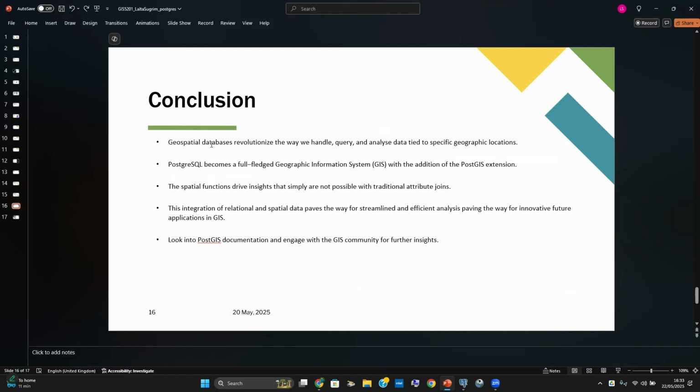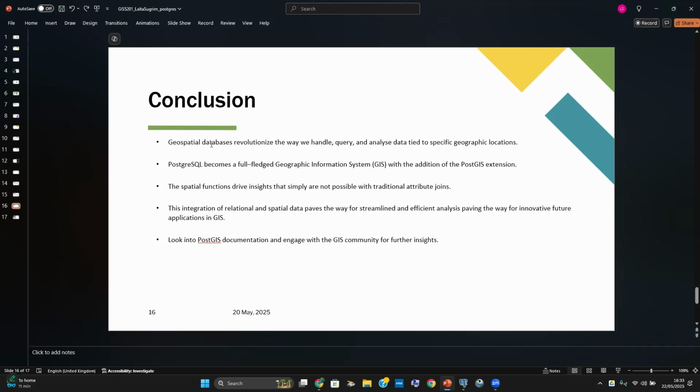Unlike conventional databases that deal primarily with numbers and text, these specialized systems harness spatial data types along with dedicated indexing techniques, like R-trees, which is something I would have loved for us to look at, but maybe in the next video, and that allows us to ask more complex location-based questions.